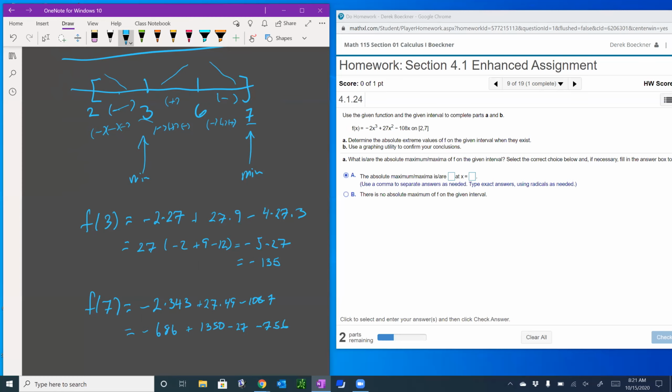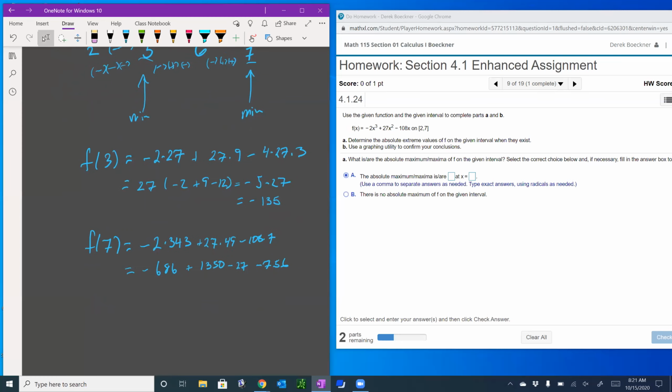These are going to be kind of close, aren't they? Okay. 1323 minus 686.